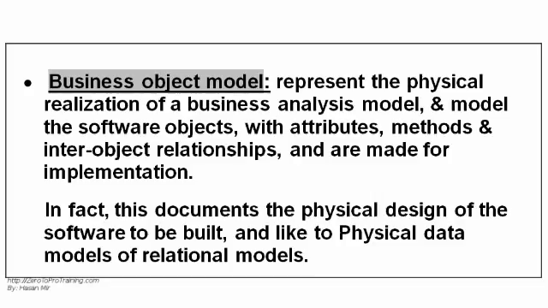Next, business object model. Represent the physical realization of a business analysis model, and model the software objects, with attributes, methods and inter-object relationships, and are made for implementation. In fact, this documents the physical design of the software to be built, and is like the physical data models of relational models.